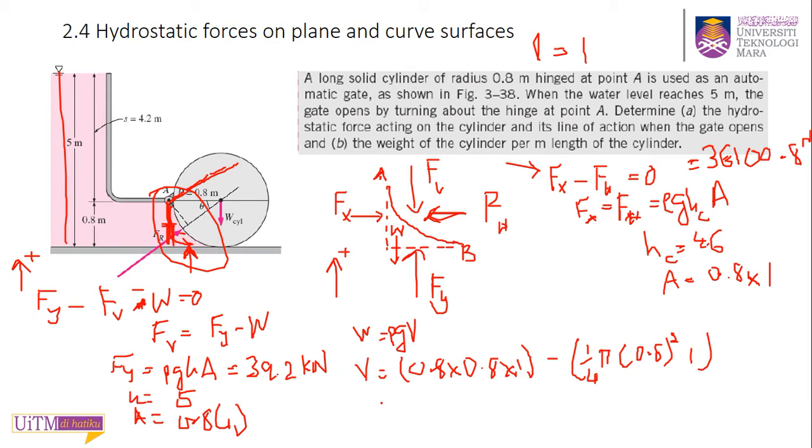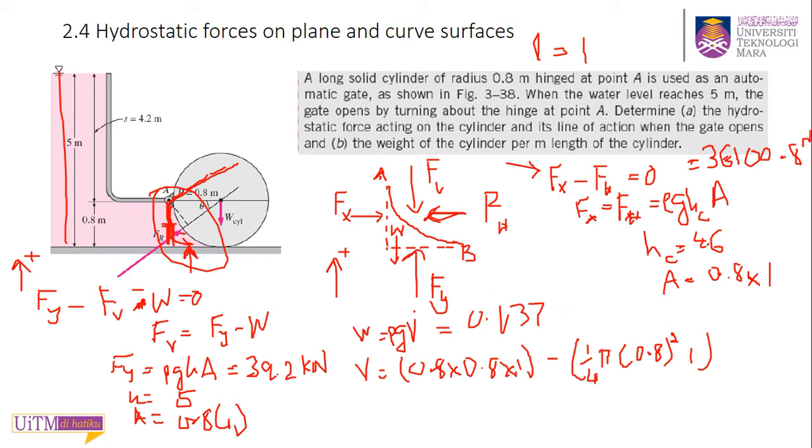So what's the value for W then? Mirul, please calculate. Faris, calculate. It's teamwork. In the test you cannot. 0.137. Kilonewton or Newton?